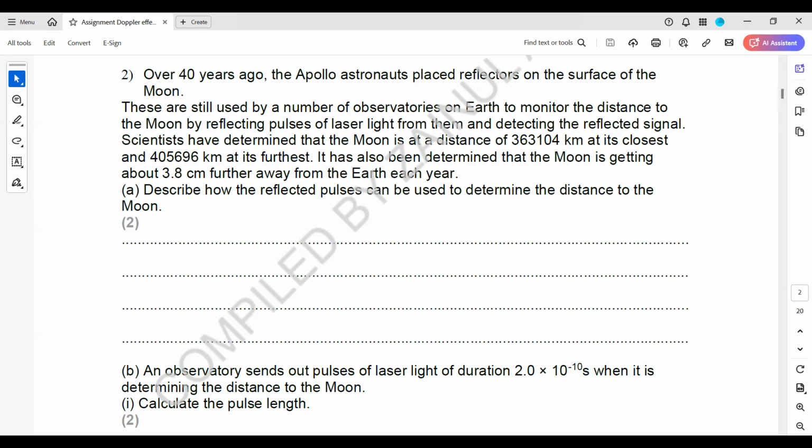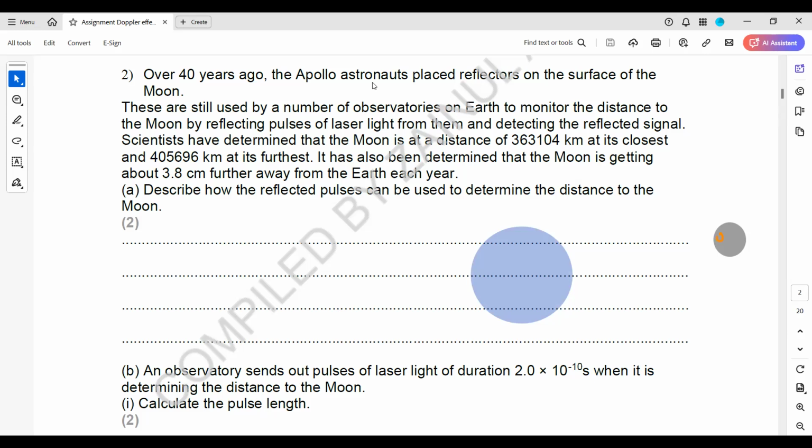So how can we use these reflectors? This is representing the moon, and the mirrors are there. What will happen?